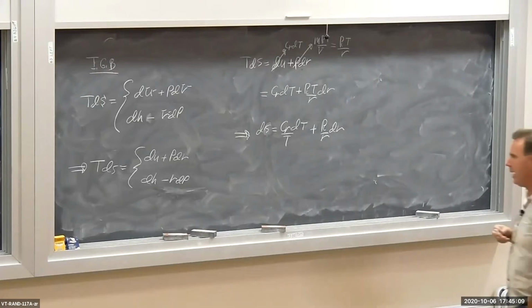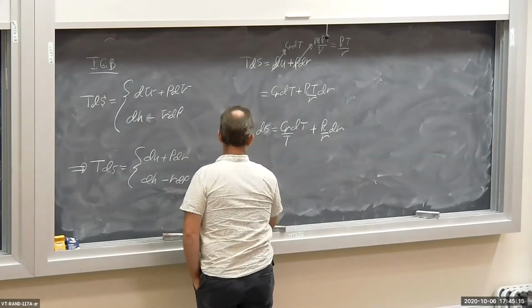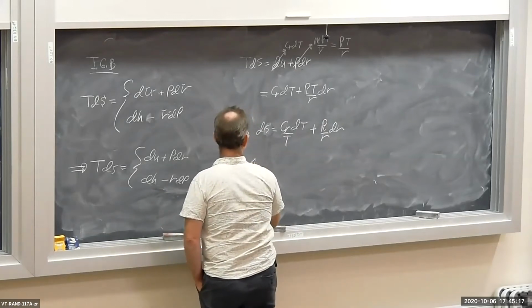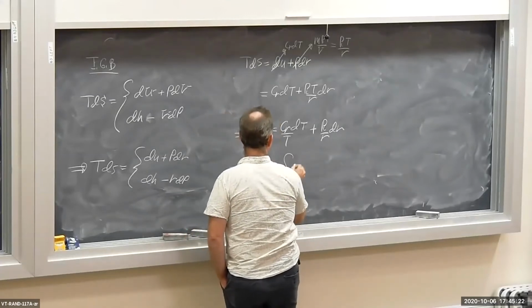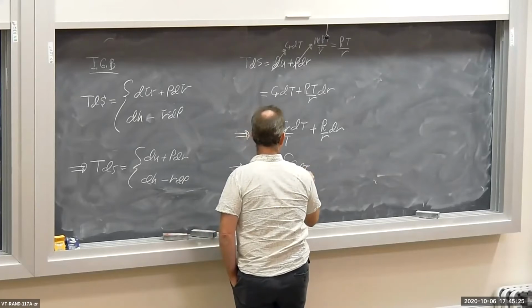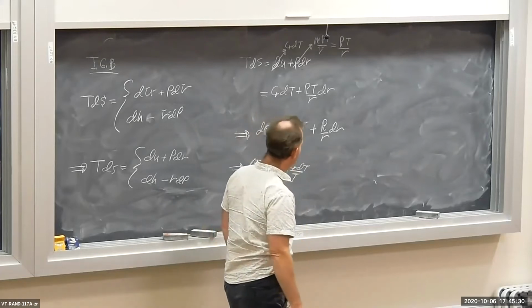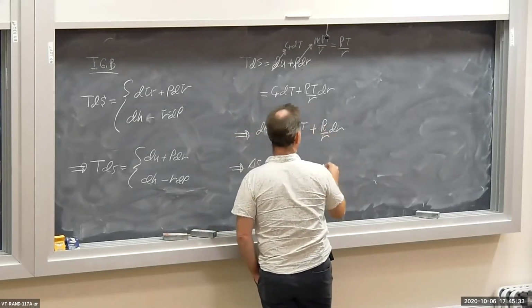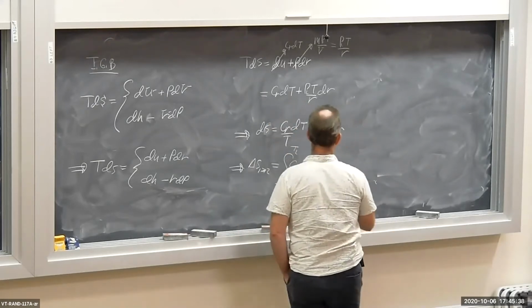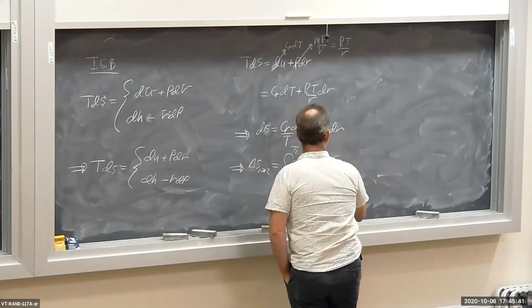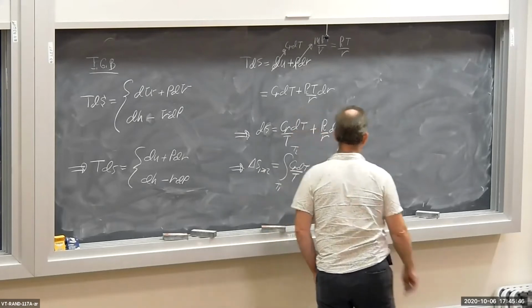Now to get delta s over the process, we integrate this equation. So we get delta s from 1 to 2 is equal to the integral of Cv dT over T from temperature T1 to T2, plus the R will come out of the integral, and then you'll have the integral of dv over v from v1 to v2.